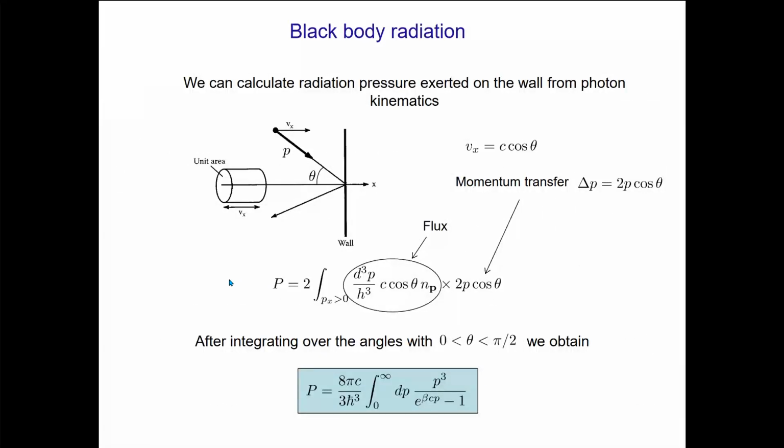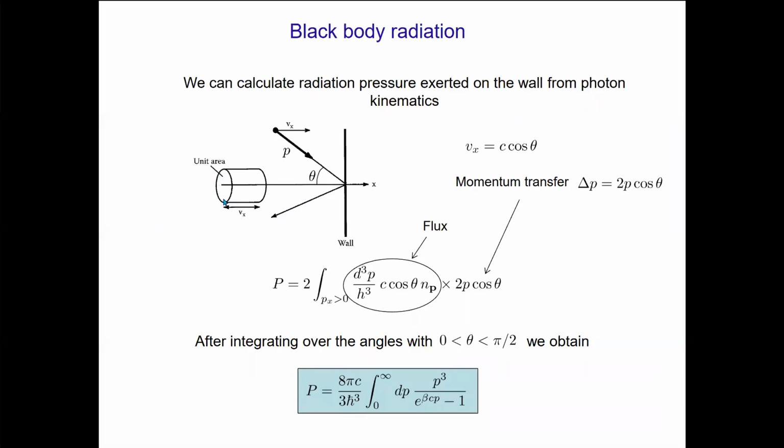Okay, so once we know the total energy and density distribution, we can calculate the radiation pressure exerted on the wall from photon kinematics. We've done it already before for the classical gas. It's all the same.